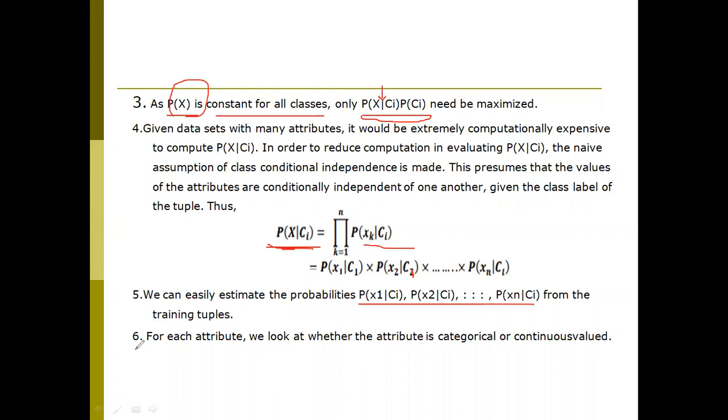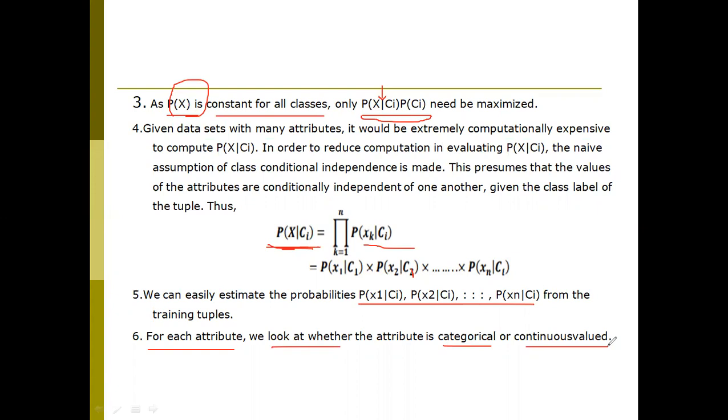Then for each given attribute, we look at whether the attribute is categorical or continuous valued. Each time, before applying naive Bayes classification on a training data set, we first check the status of each attribute, whether it is categorical or continuous valued.